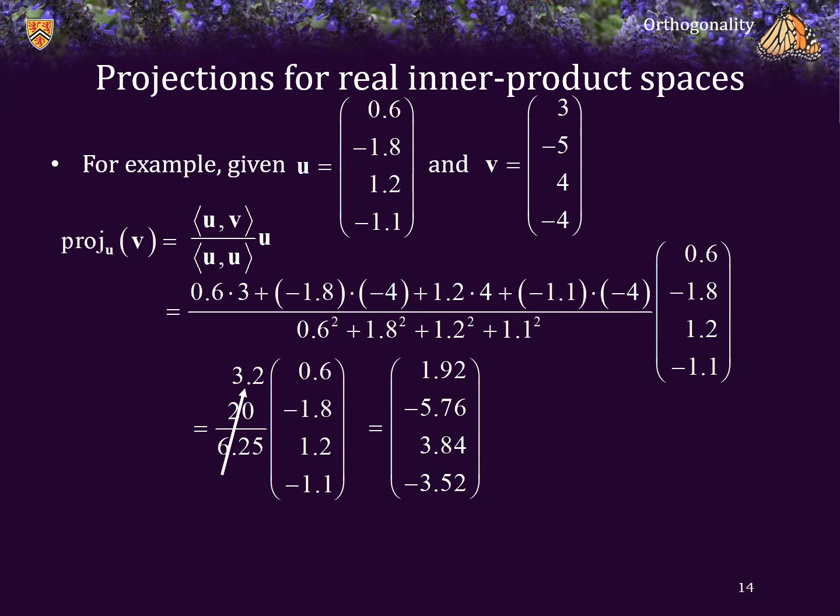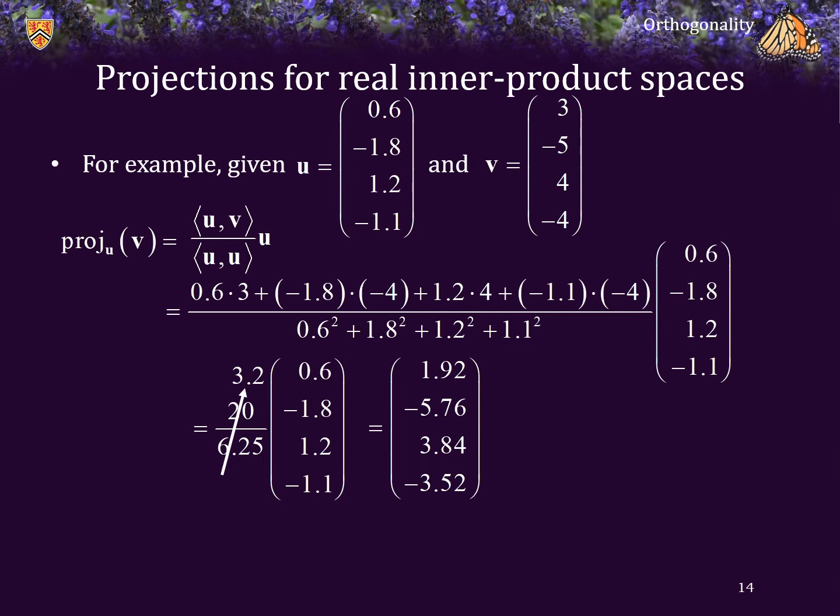Now, this vector isn't as close as the previous vector, but again, note it's reasonably close. 1.92 is sort of close to 3. -5.76 is close to -5. 3.84 is close to 4, and -3.52 is close to -4. It's a little bit further away than the previous example, but that's okay.